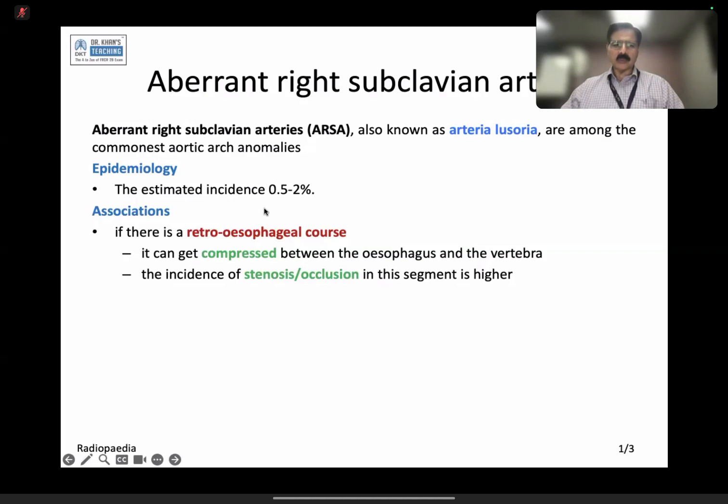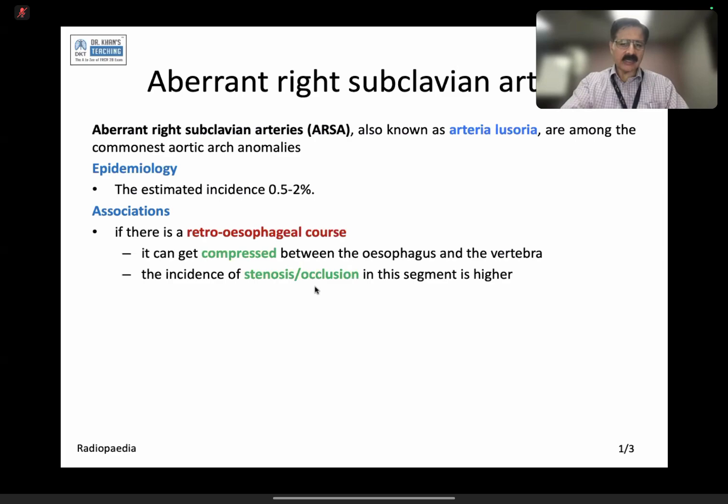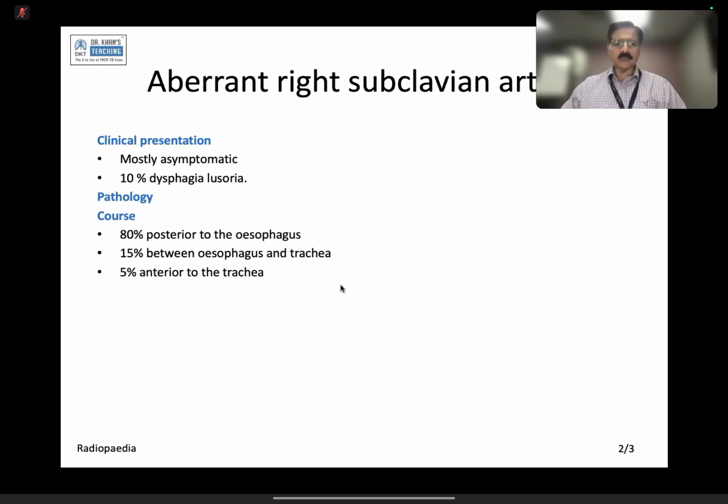And when it has a retroesophageal course, it can be compressed between the esophagus and the vertebra, and that can result in its stenosis and occlusion, in addition to the dysphagia. Now, mostly it is asymptomatic. In 10% of cases, it can cause dysphagia lusoria.